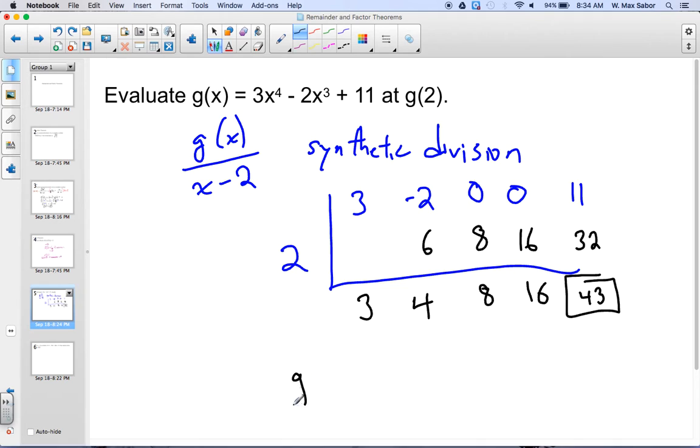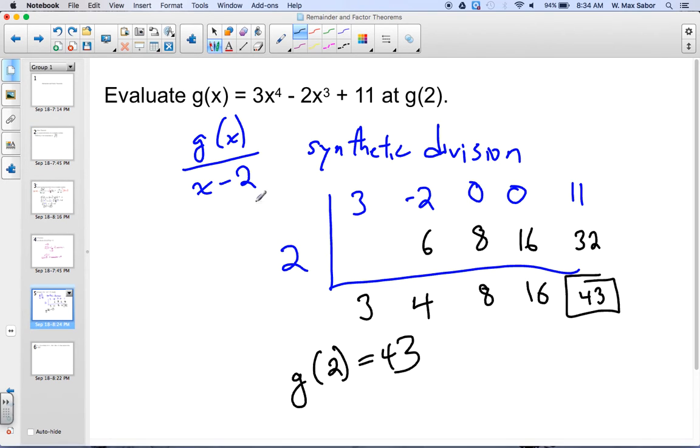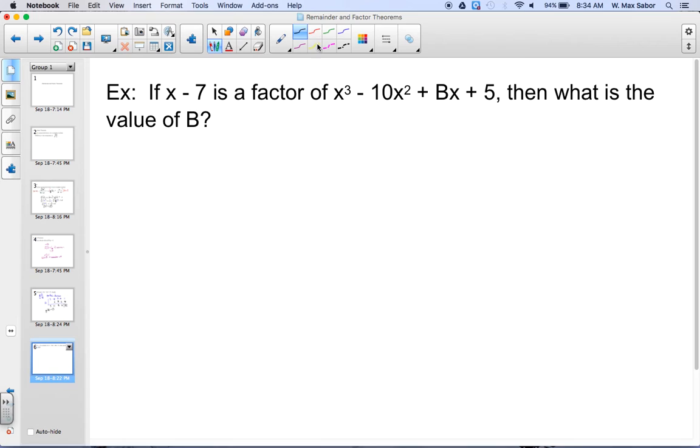So what I am claiming is g of 2 equals 43 because of the remainder theorem. f of 2 is the remainder of f of x divided by x minus 2. So I divided by x minus 2, I got a remainder of 43. That's what it says.